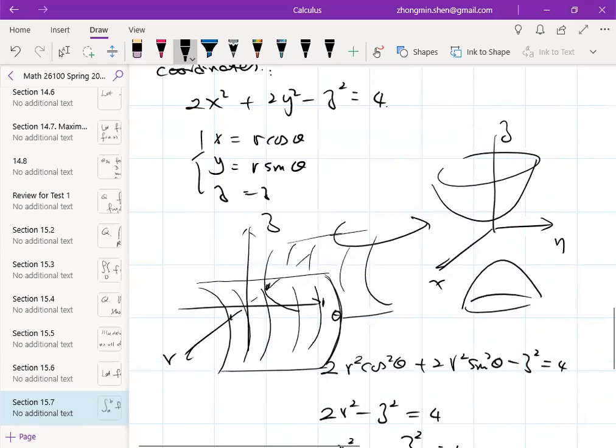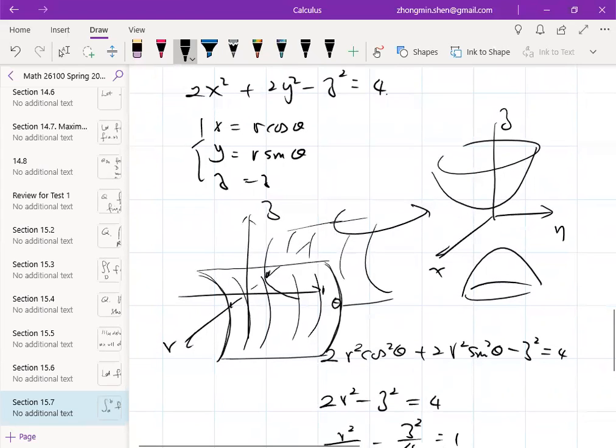So how can you make these two pieces? I'm trying to understand. How to make these two surfaces? You just have to compress one end and close it up.